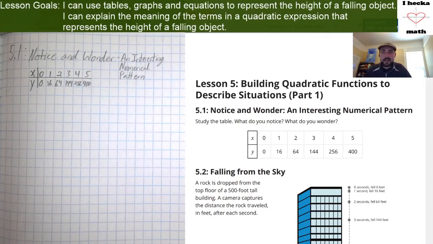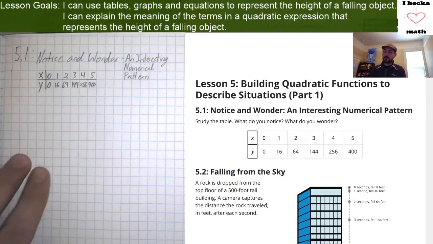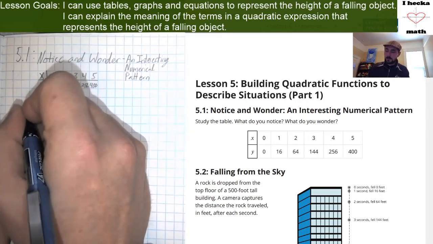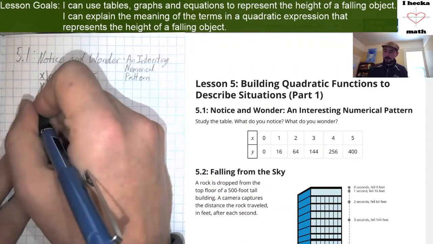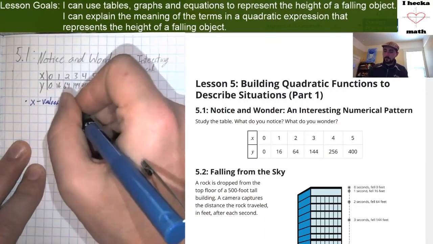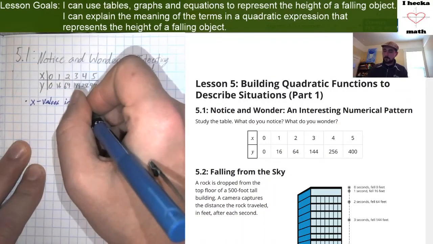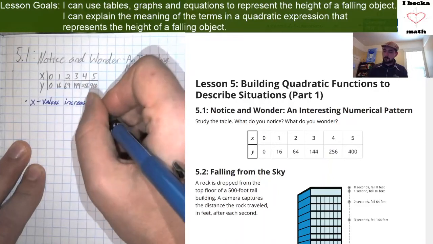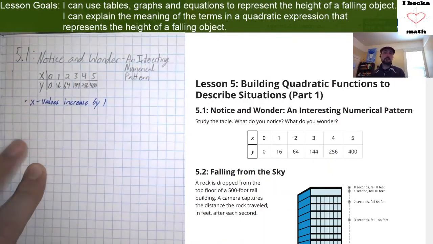And welcome back. So when you look at this table, you might have noticed a lot of things. You might have wondered a lot of things as well. Here's a few things that I would notice, almost the first things I would notice. So one thing I might notice is the x values increase by 1 each time.